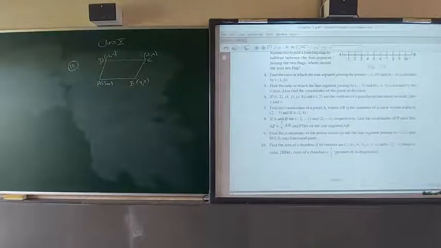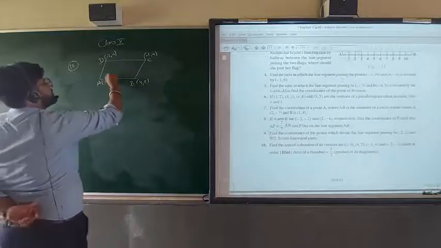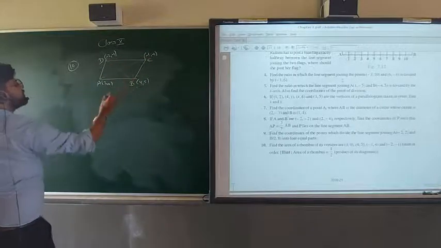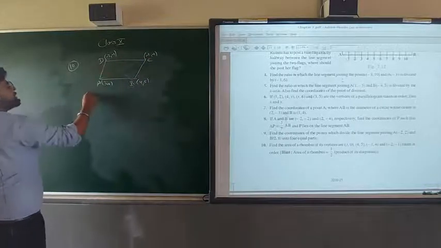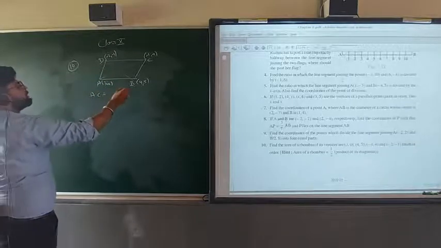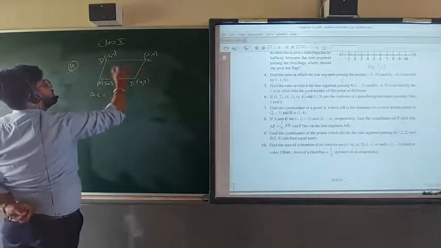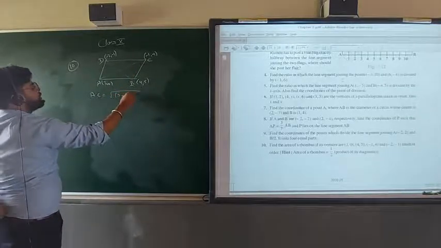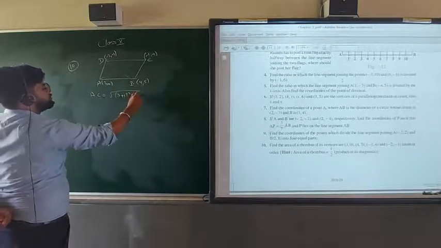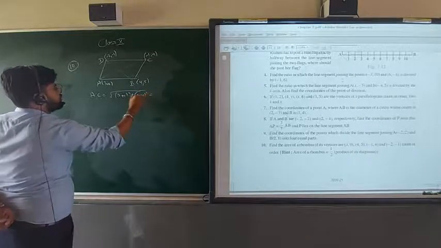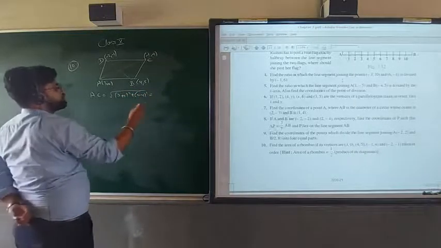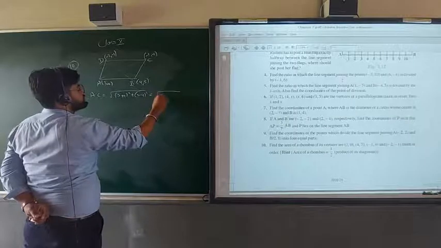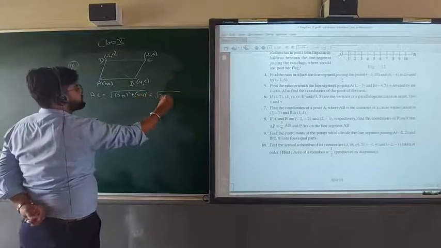The hint is that the formula for the area of a rhombus is also given. We know that the area of a rhombus is based on the product of two diagonals, meaning you have to find AC and BD. I will find AC by the distance formula: x2 minus x1, that is 3 plus 1, and 0 minus 4. Now 3 plus 1 is 4, and its square is 36, and minus 4 squared is 36 also.